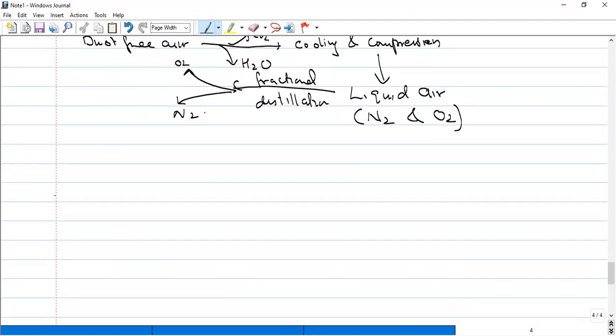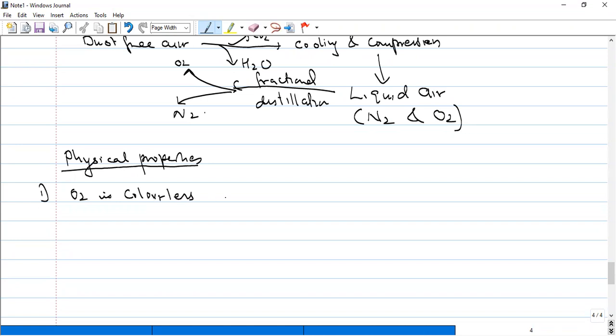Now, physical properties of oxygen. Oxygen has color? No. Oxygen is colorless. Oxygen has odor? No. Odorless.